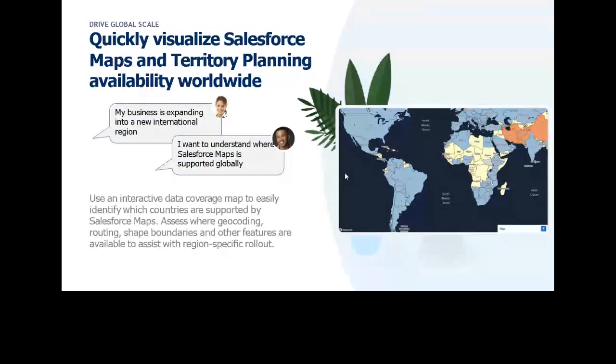A global organization needs to first confirm which territories are covered by Salesforce Maps, and after they know that, they can make decisions, and then they can assign Maps users and sales reps to use this functionality.